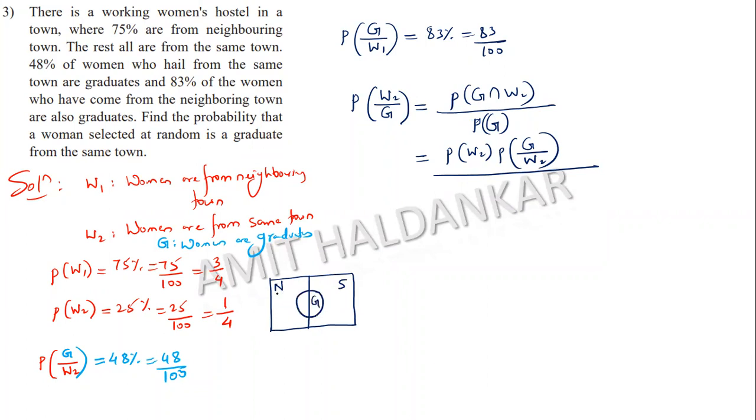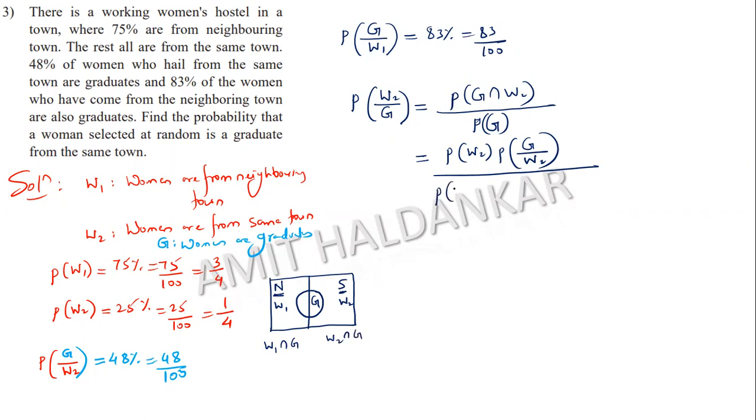So N is nothing but the neighboring town, which is W1. S is nothing but the same town, which is W2. So the total will be, the woman is from W1 and she is a graduate, and the woman is taken from W2 and she is a graduate.